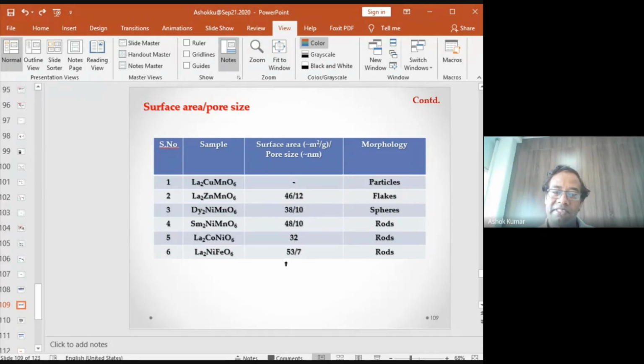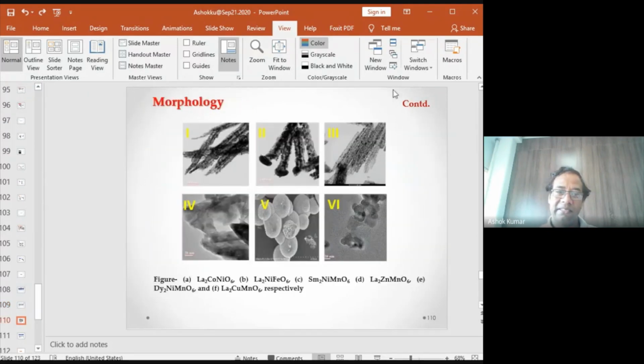You can see surface area, pore size is this. So pore size is always between 2 to 50, so mesoporous only, and this is the morphology. And a summary of the morphology is this. So you can see the very good quality of the morphology for qualifying the criteria, whatever we discussed, we synthesized.